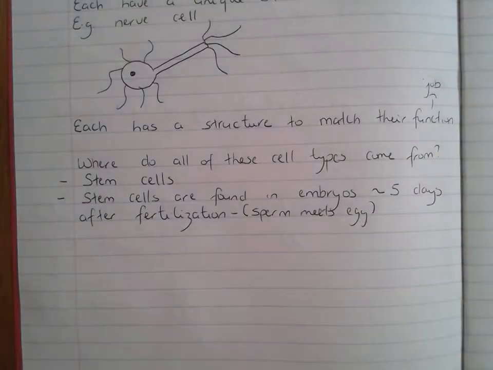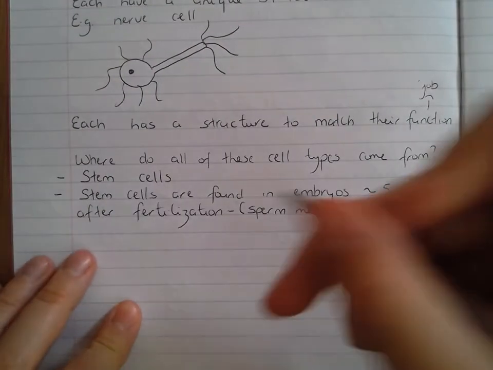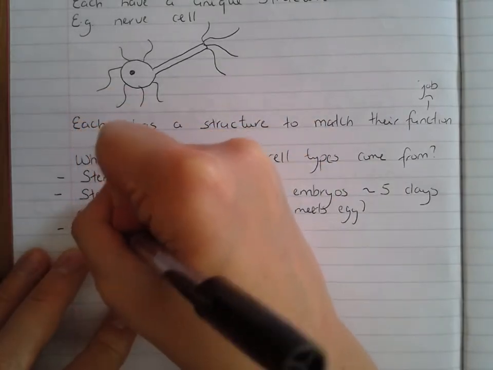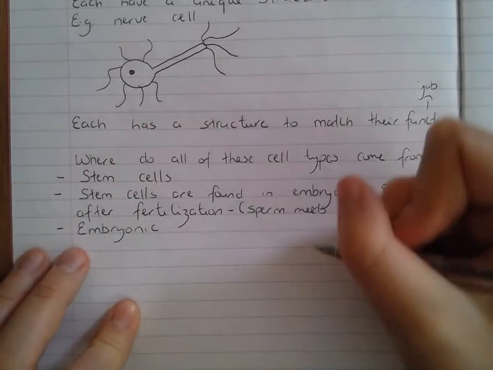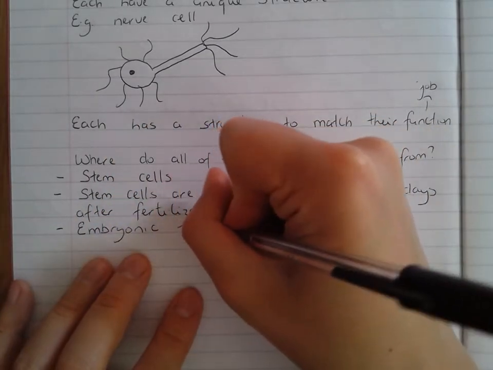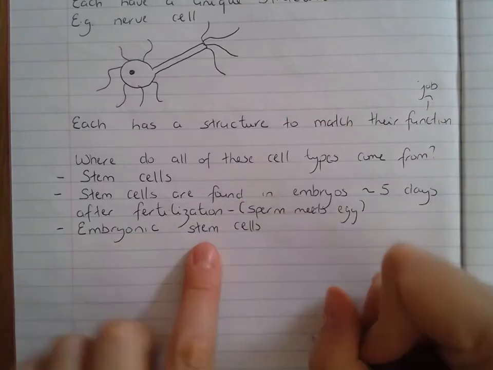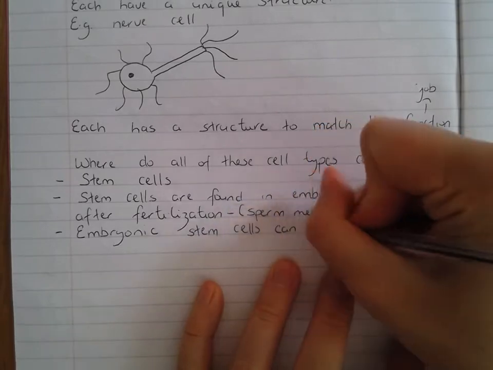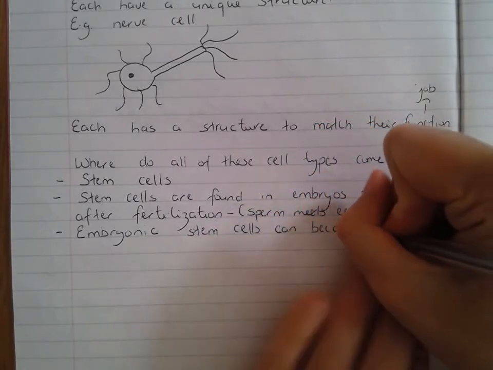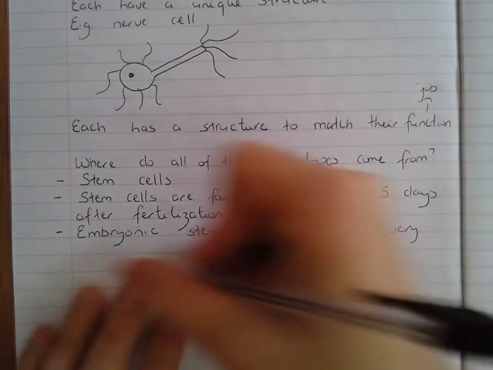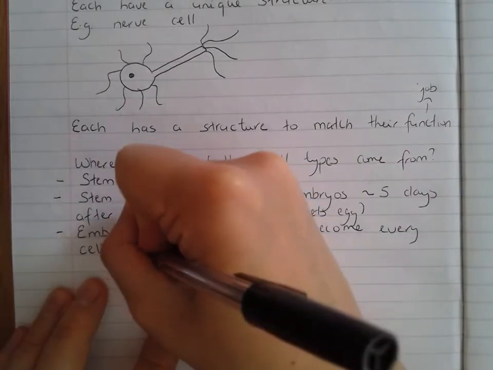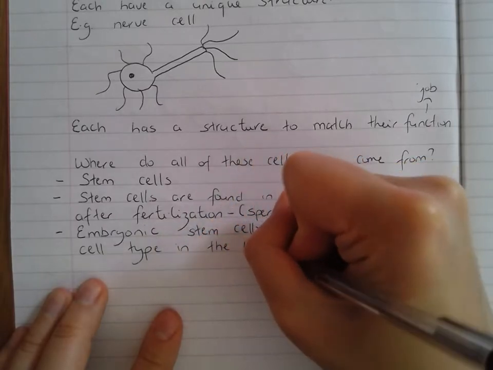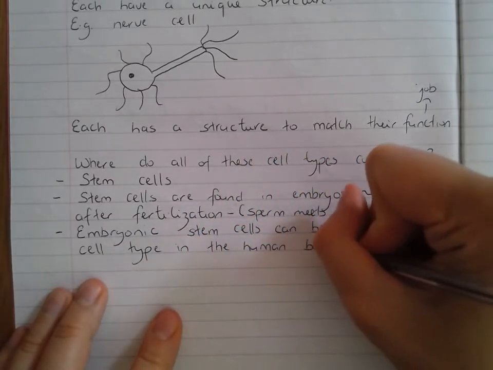I'm just going to add under here a really, really important sentence, okay? I'm going to write embryonic stem cells. Okay, they're called embryonic stem cells because they're found in the embryo. Embryonic stem cells can become every cell type in the human body.